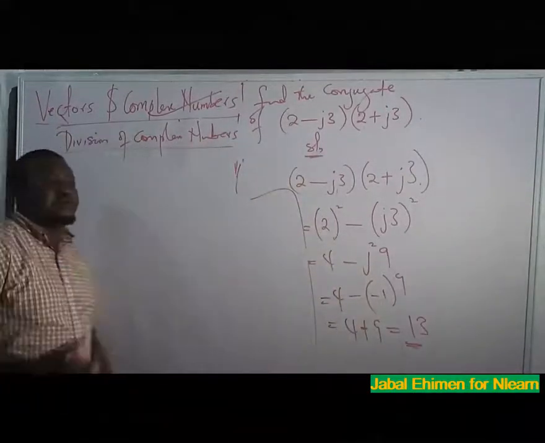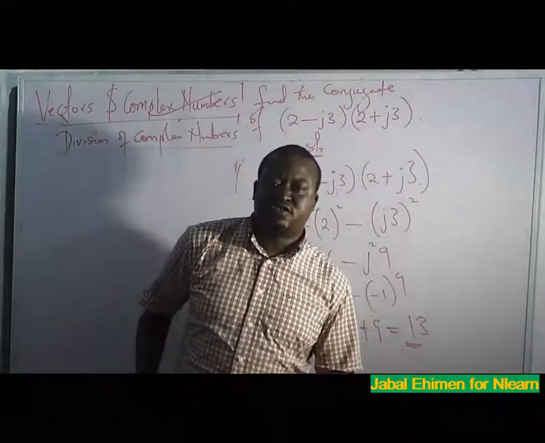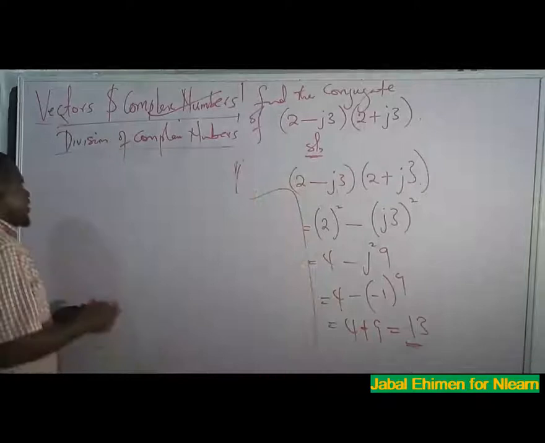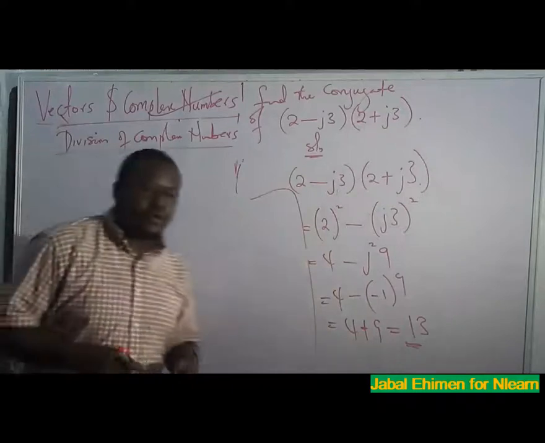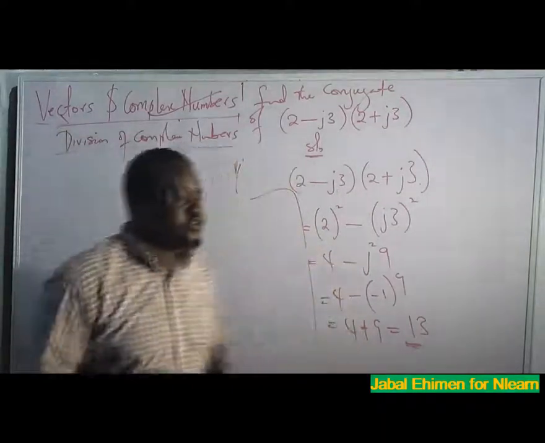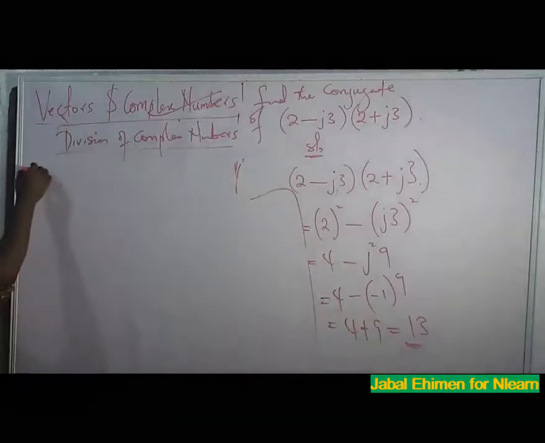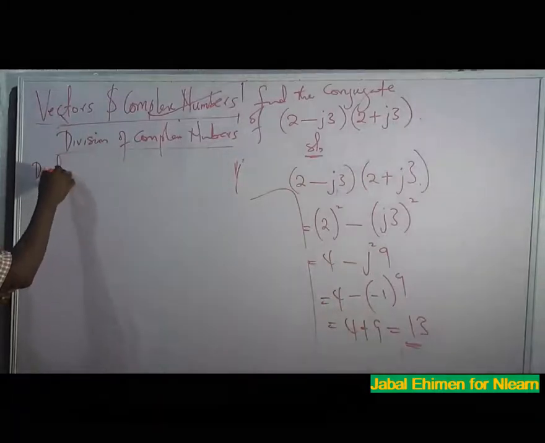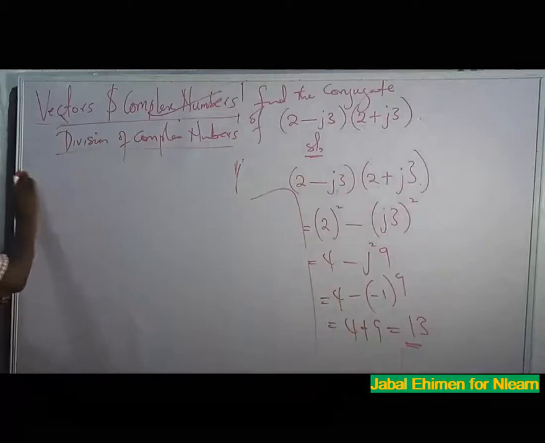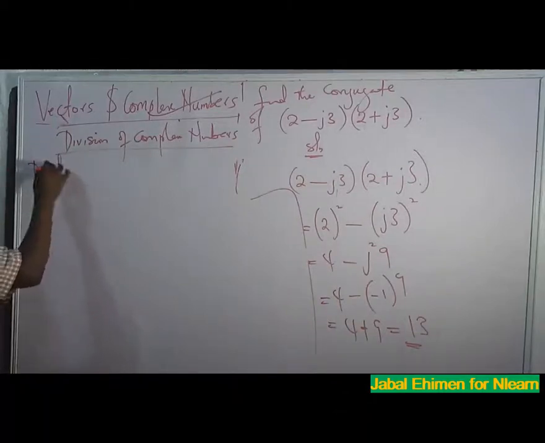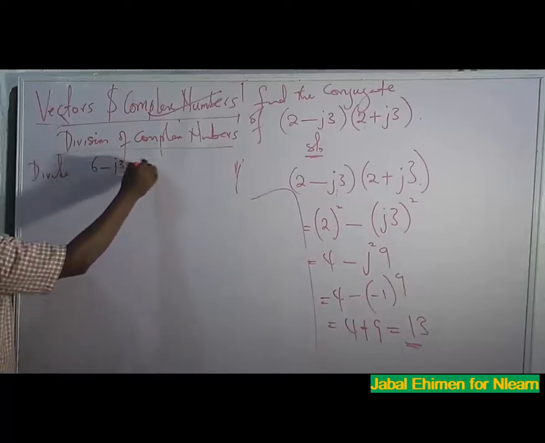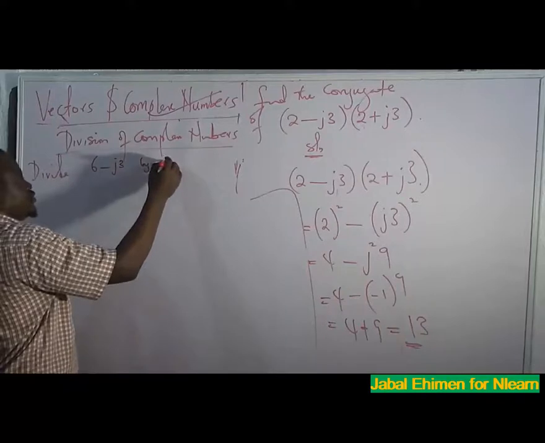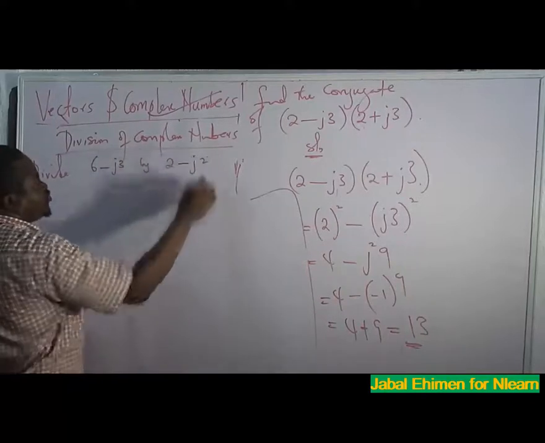All you just need is to remember how to do what we call the rationalization of surds. Now, we can rationalize in this view. Let's take a look at this. If, for example, you are asked to rationalize values of this form, maybe you'll say divide 6 minus j3 by 2 minus j3.